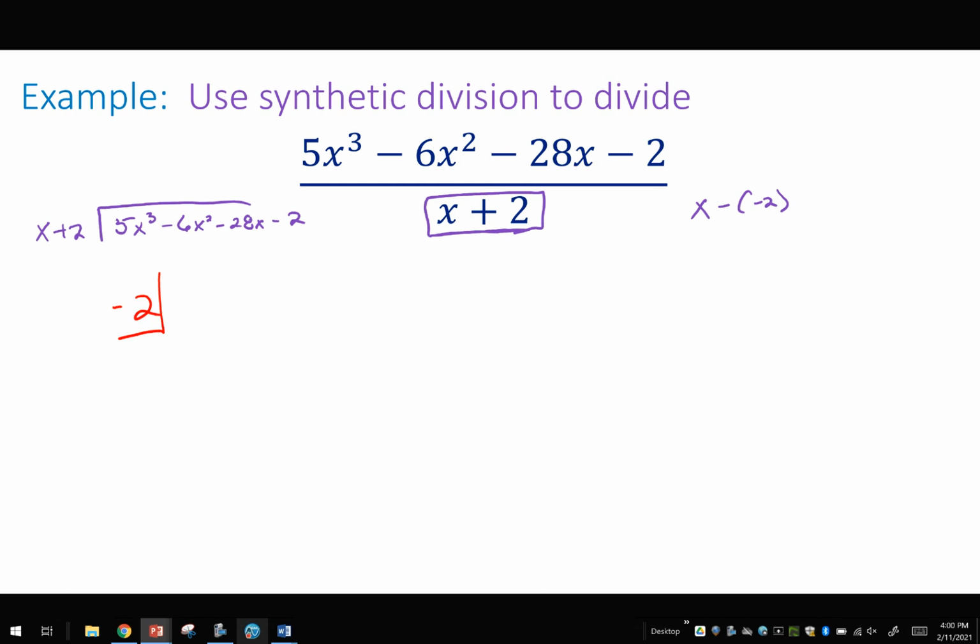And then from this, all I'm going to do is write down the coefficients of my polynomial. And this one, I went x cubed, x squared, x to the first, and x to the 0. So all of them are accounted for. So that's good. But I'm only going to write down those coefficients. So 5, negative 6, negative 28, and negative 2.